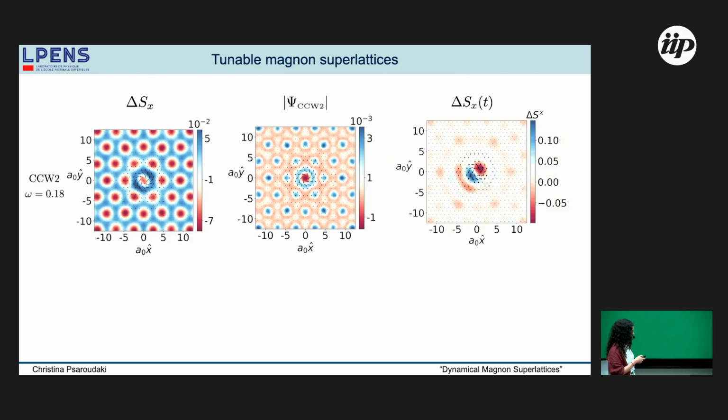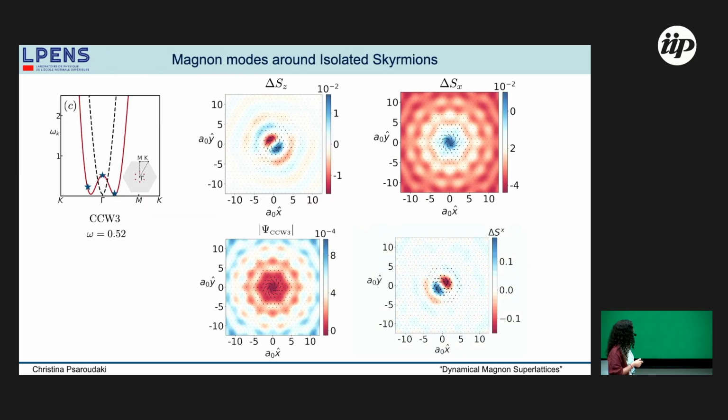We can even go to the third mode that exists at k equals 0. That's the mode that has the strongest magnetic dipole. Here we get patterns that are not as periodic. They are different, both in the in-plane component of magnetization and the wave function, and something similar can be generated also by in-plane fields.